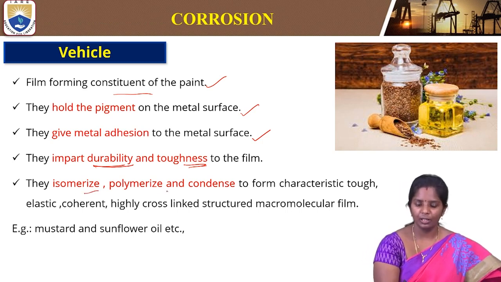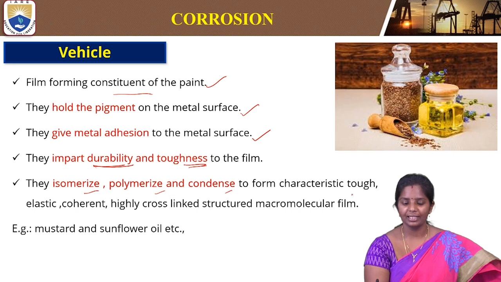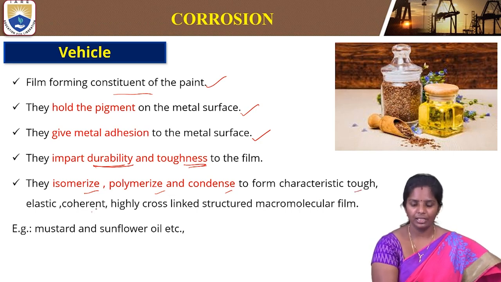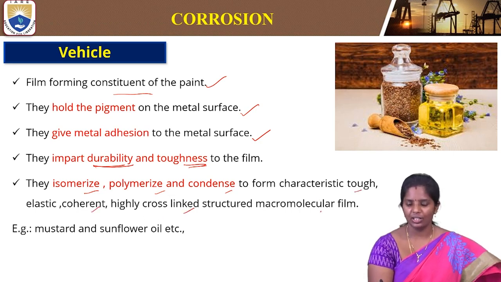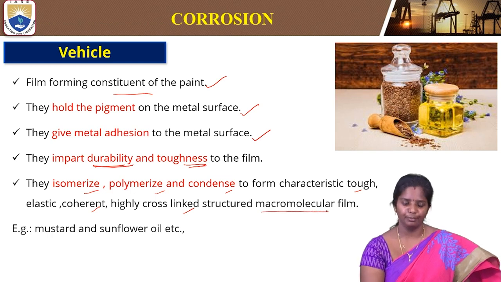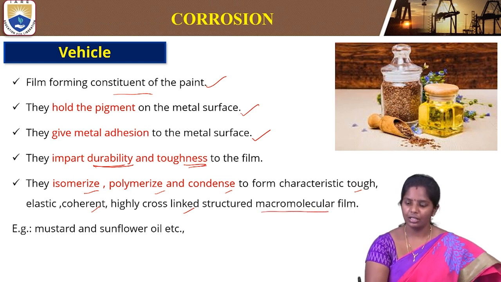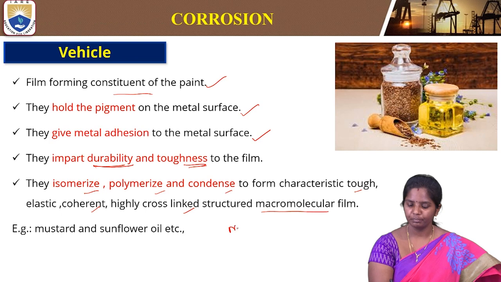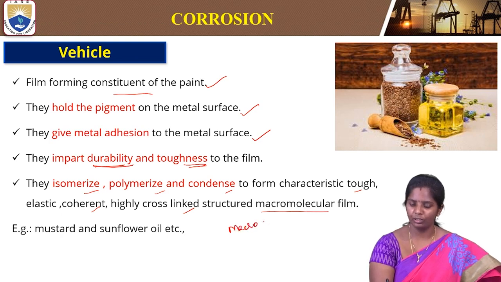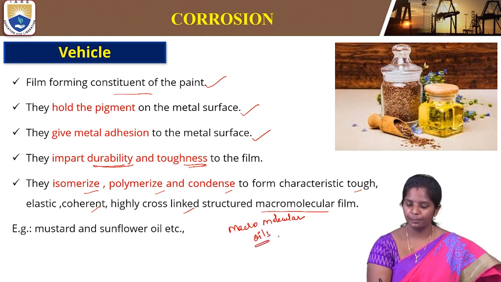They isomerize, polymerize and condense to form characteristic tough, elastic, coherent and highly cross-linked structures, or macromolecular film. Oils have such a structure that forms with the pigment.